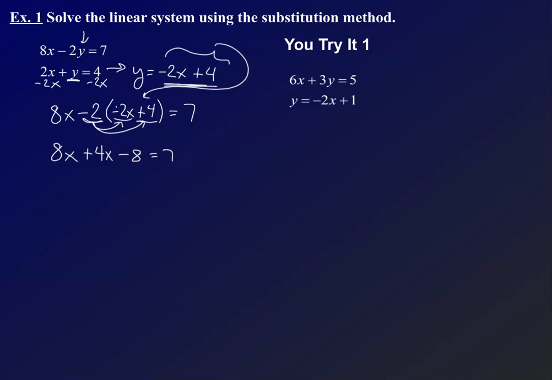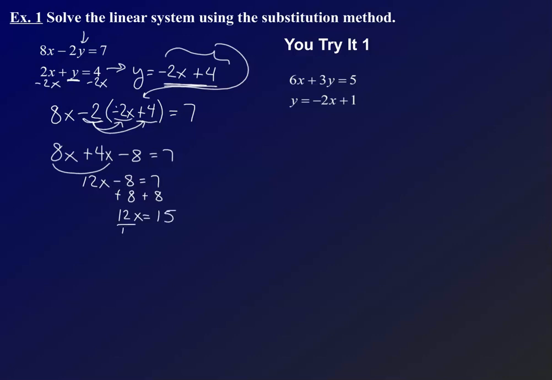Now we can go ahead and combine like terms. 8x and 4x is 12x. Then we're going to add 8 to both sides. We have 12x equals 15.